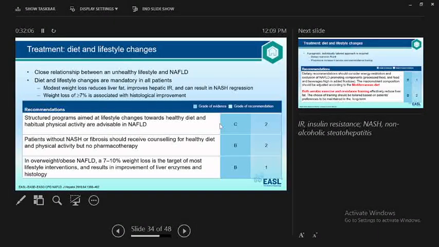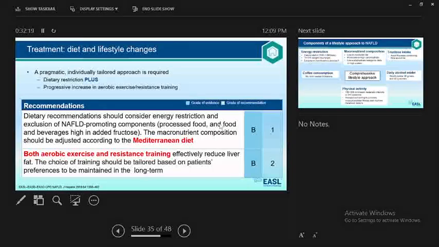So the management, as we all know, is closely related to the unhealthy lifestyle. The diet is important, so we need individualized lifestyle modification, because blanket management may not be applicable for each and every patient.